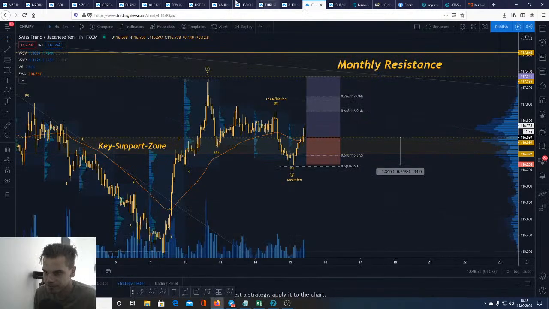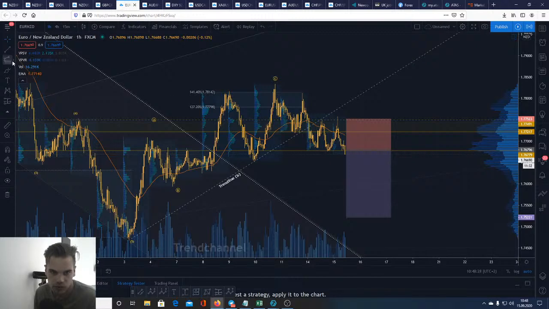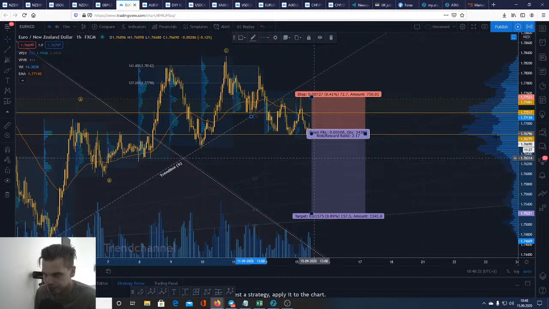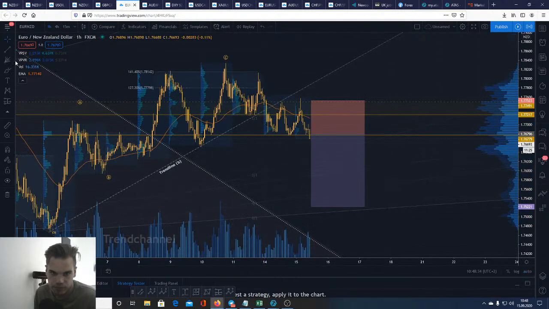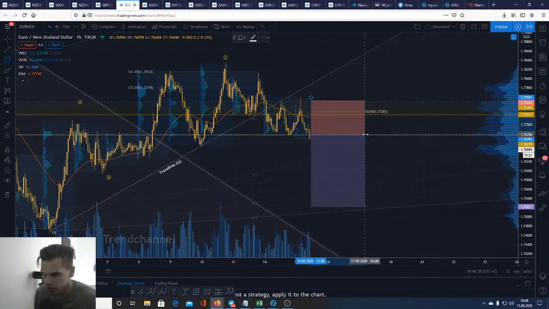That's not easy to predict. Now look, Euro NZD, I can publish that one if you want, but I personally won't trade it. I don't want to increase the risk. We don't need too much risk in our portfolio.